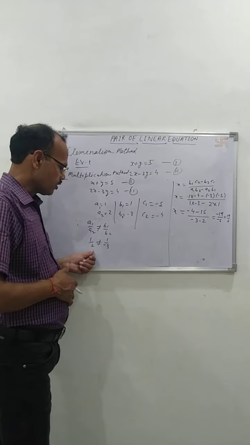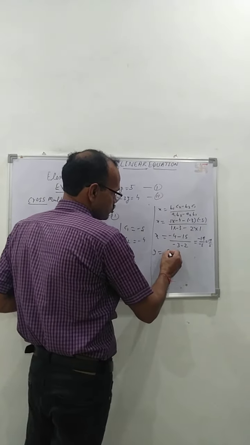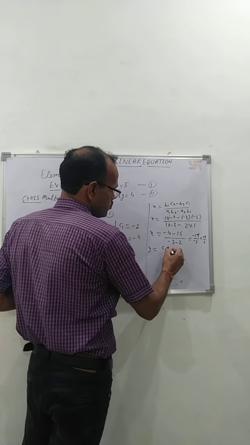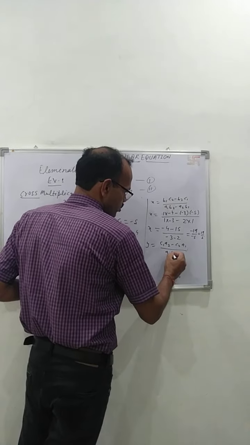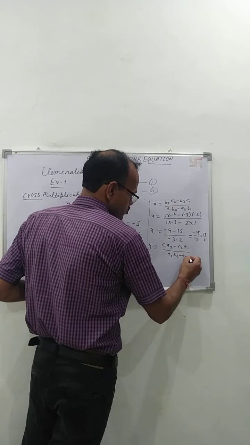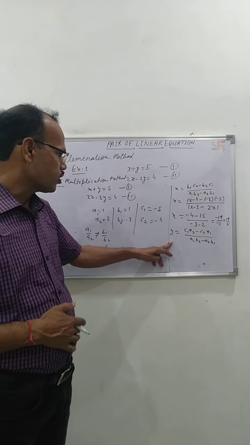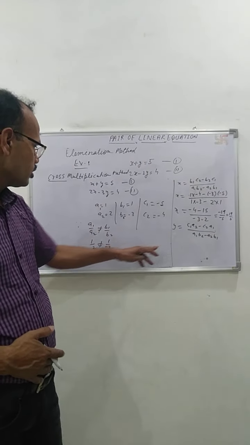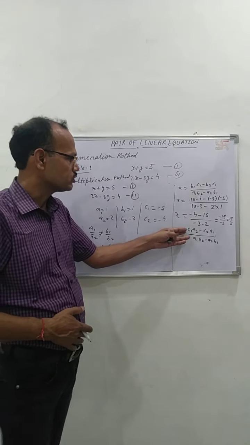Similarly, we apply the formula for y. y is equal to c1 a2 minus c2 a1 upon a1 b2 minus a2 b1. By using this formula, we can find the value of y. Again we place the values of a1, a2, b1, b2 and c1, c2 in this equation.